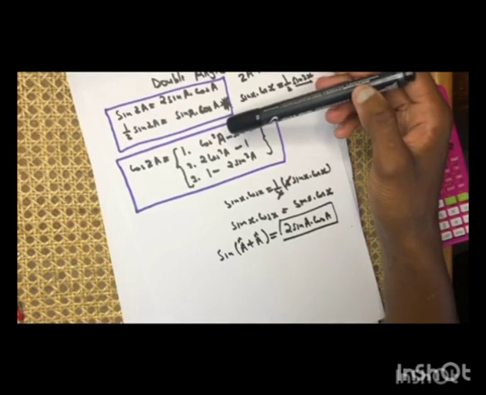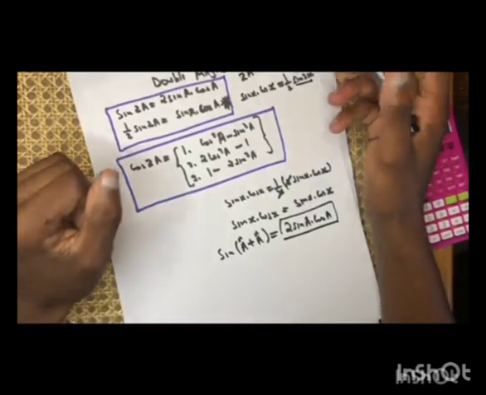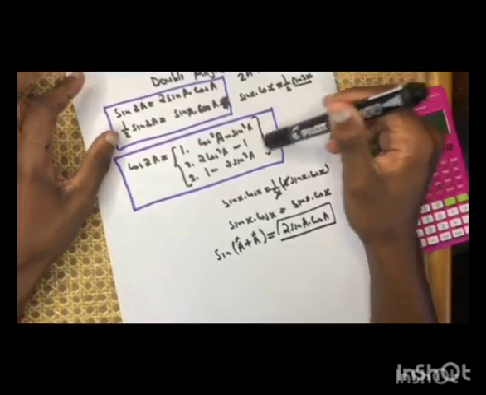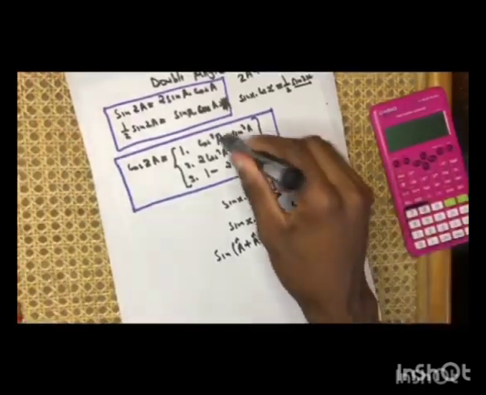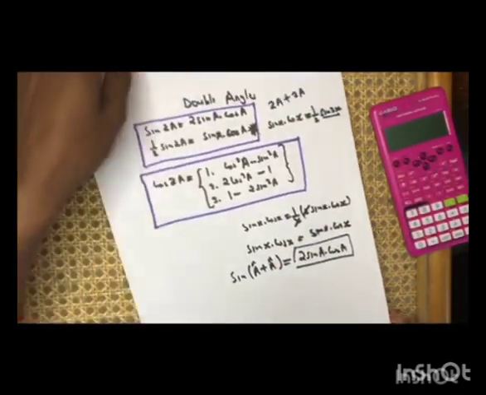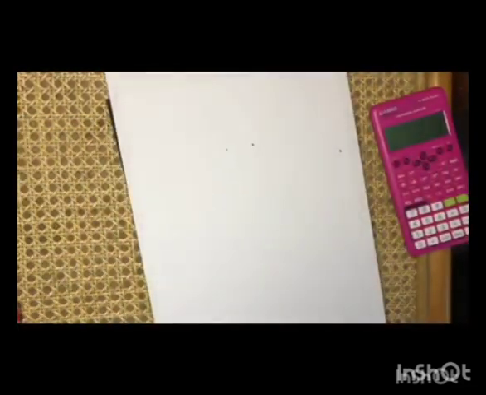But you need to know which one I must choose. So I'm going to show you with questions how we pick the perfect one when we're given the questions. So we're going to start by simplifying. We're going to start with simplification, good people.